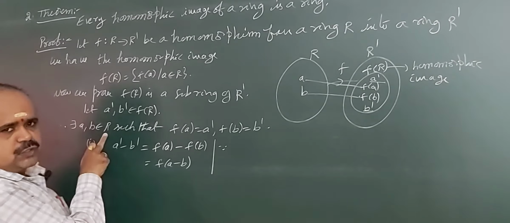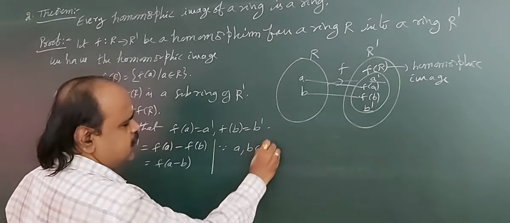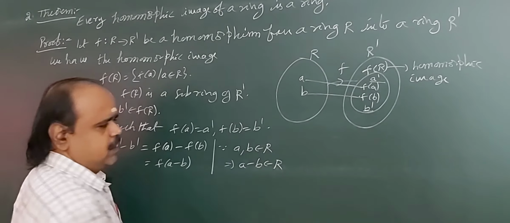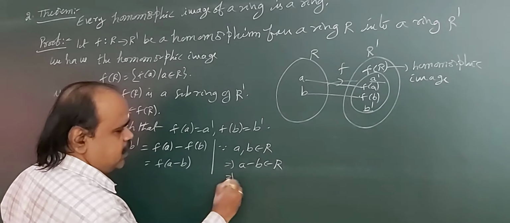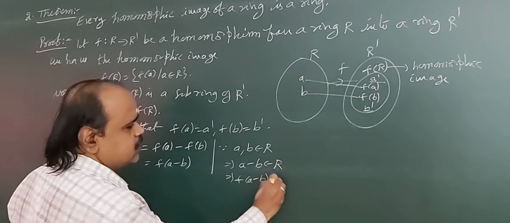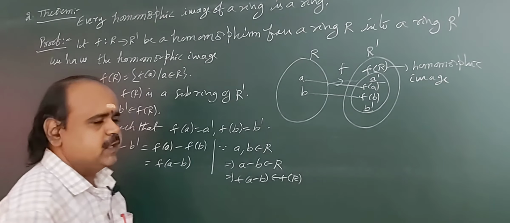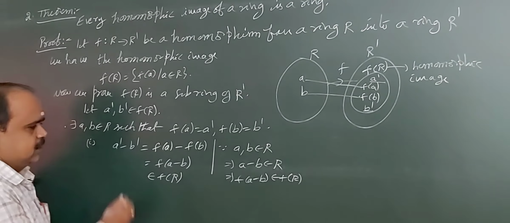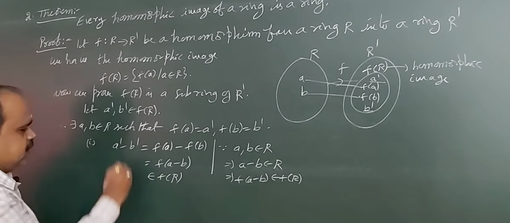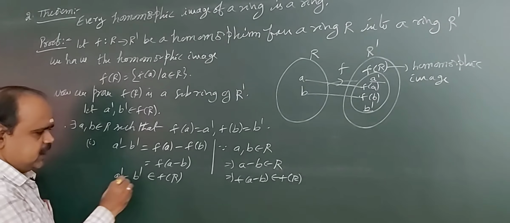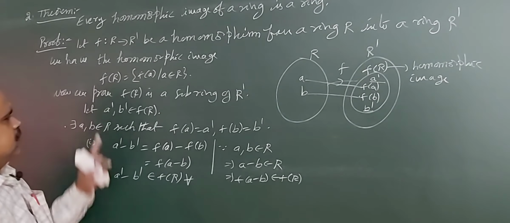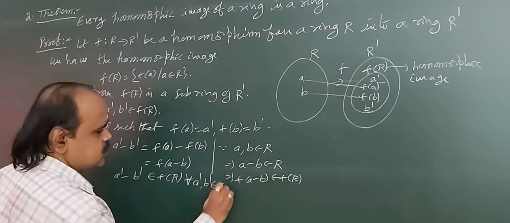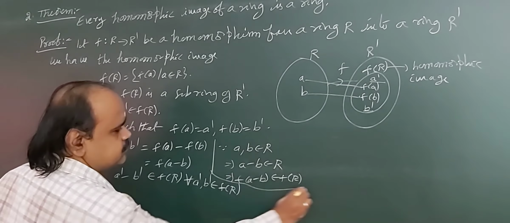Here a, b belong to capital R, and since R is a ring, a minus b belongs to capital R. Since a minus b belongs to capital R, f of a minus b belongs to f of capital R. So a dash minus b dash belongs to f of capital R for all a dash, b dash belonging to f of capital R.